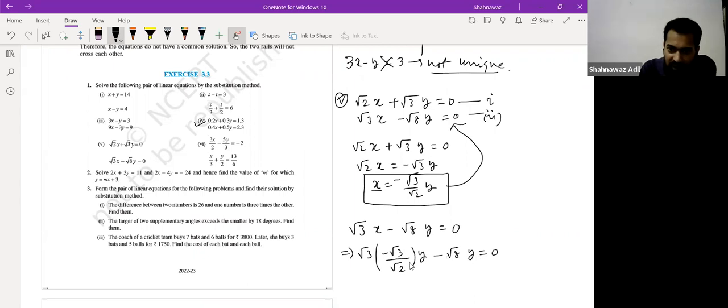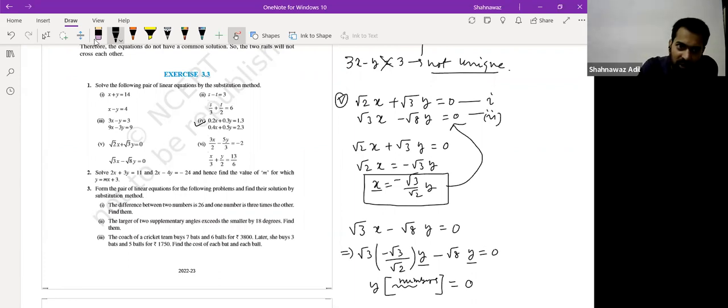So without solving fully, y is common, right? So we take y and these are some numbers, which equals 0, right?